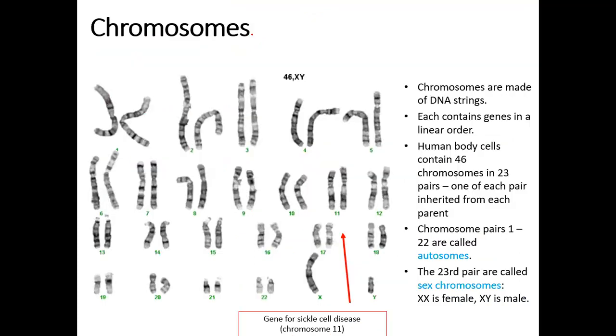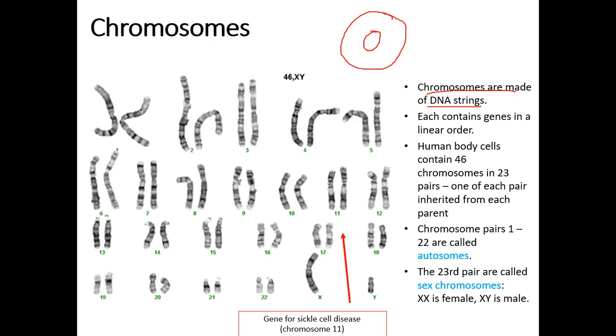So these are chromosomes. These are packed in the nucleus of the cell. So these are human chromosomes. These chromosomes are made up of DNA strings.